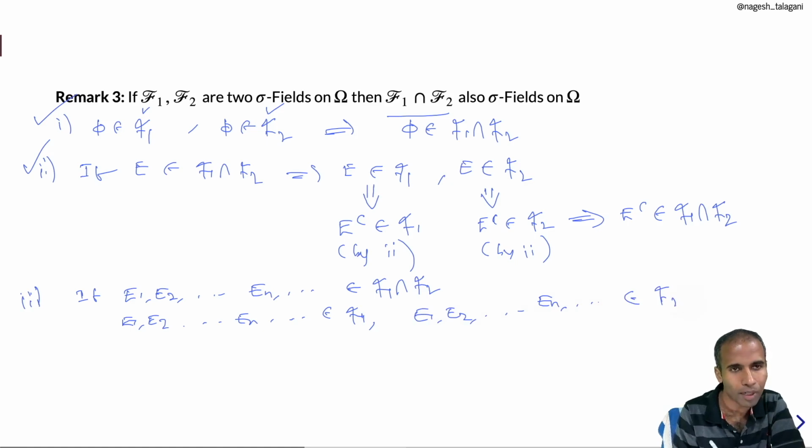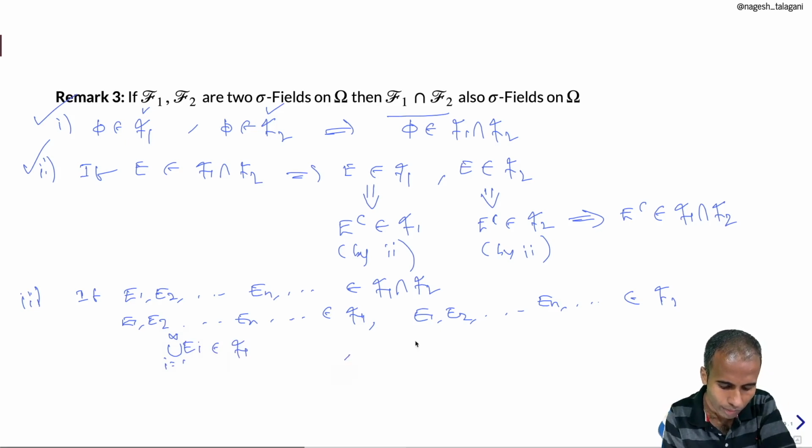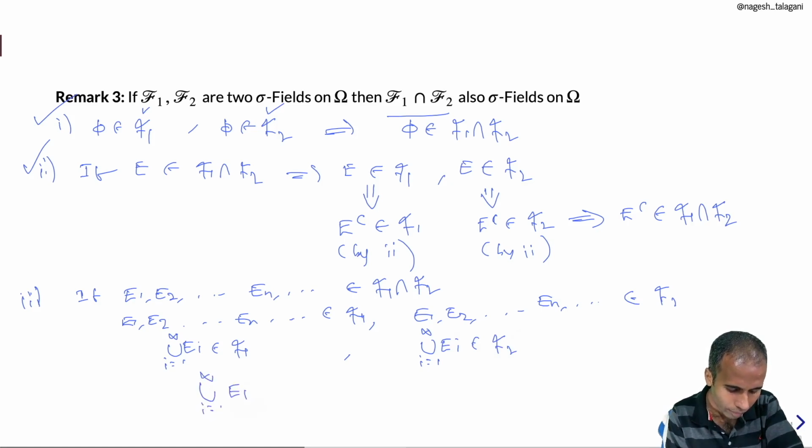But both script F1 and script F2 are sigma fields. So their countable union must be in script F1, and also their countable union must be in script F2. Now you see this countable union of the Ei belongs to script F1 as well as script F2. That means it belongs to script F1 intersection script F2.